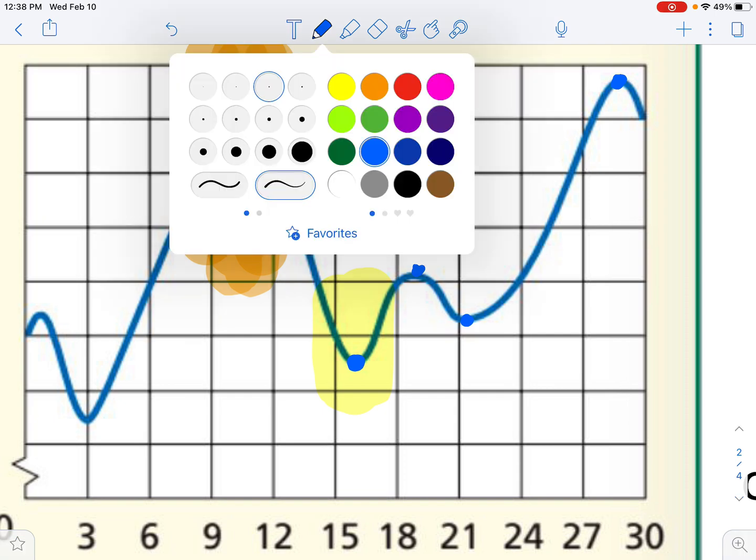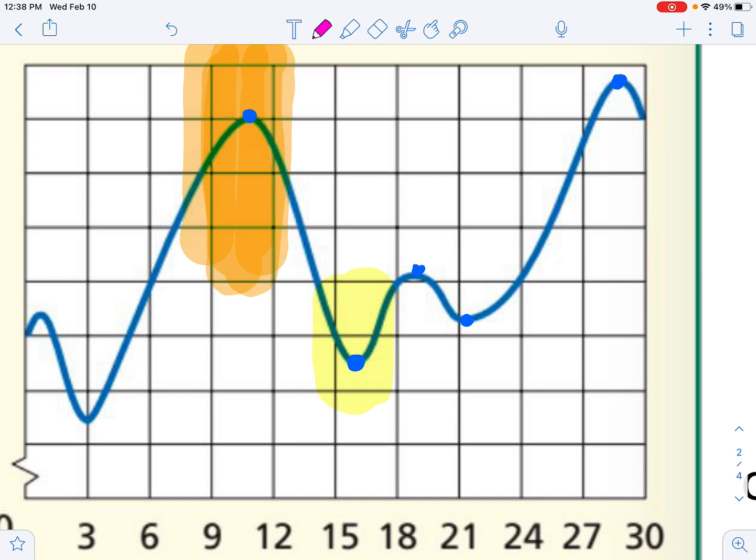The other piece for these is you need to pay attention to the fact that these numbers are going up, up, up, up. So if I'm using a table of values and I see that we're going up, and then all of a sudden we start going down, you should be able to look at that table of values and recognize that something happened in there to make it turn.